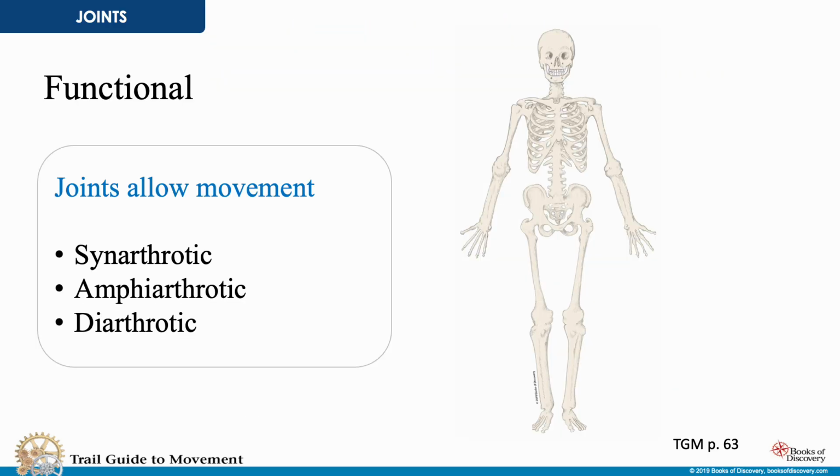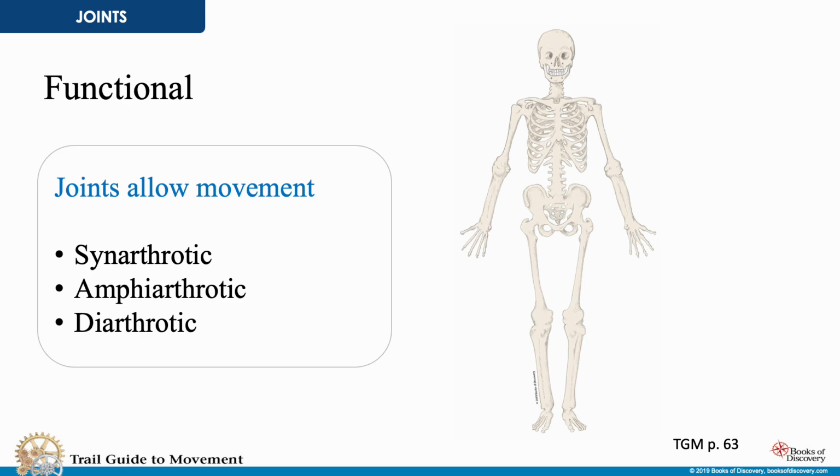Functional joints are joints that allow movement: synarthrotic, amphiarthrotic, and diarthrotic. An easy way to remember these as we go forward is the SAD mnemonic. The S is stuck, so movement, none.